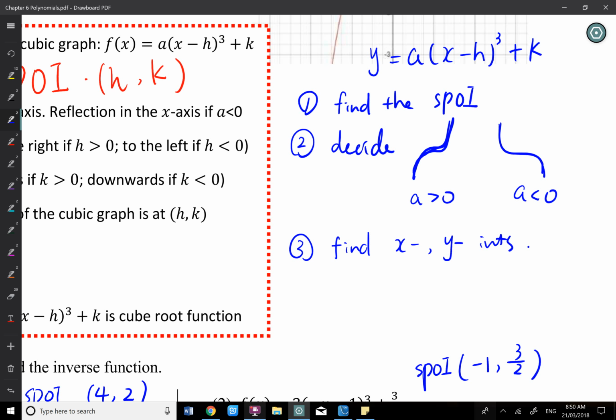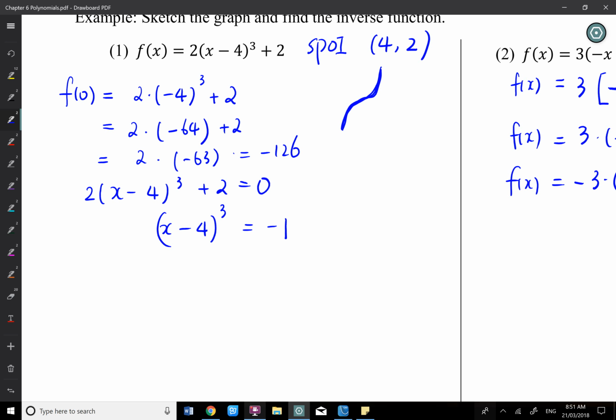And we find the x-intercept. We make that equal to 0. We have (x minus 4) cubed equals minus 1. What's the cube root of negative 1?